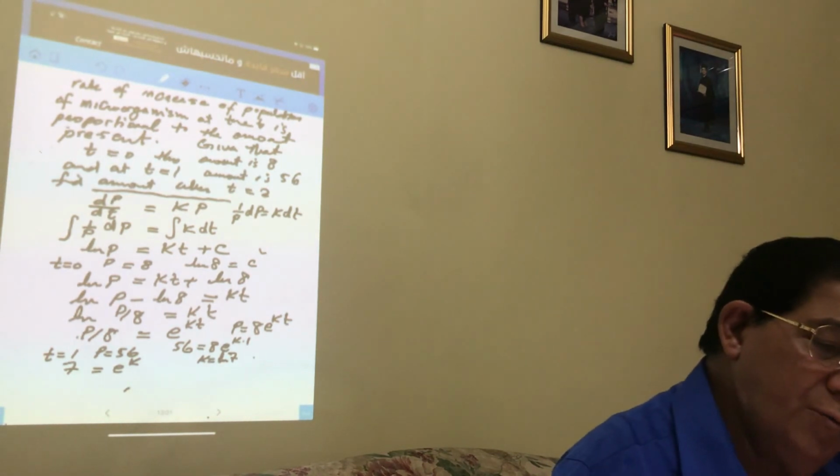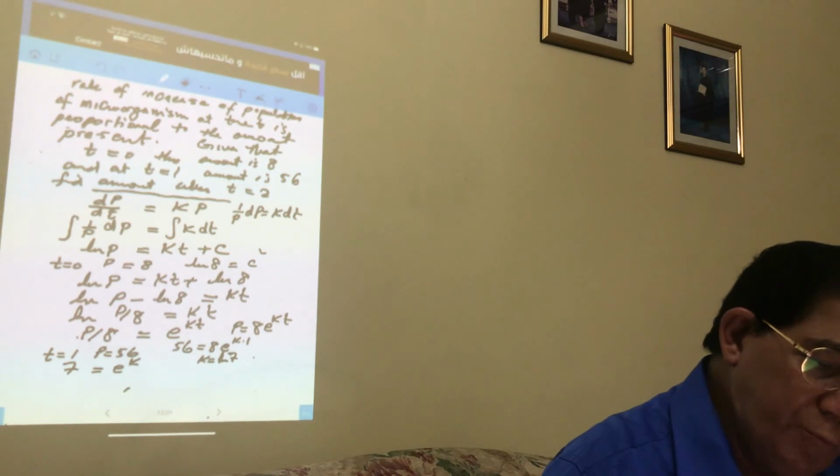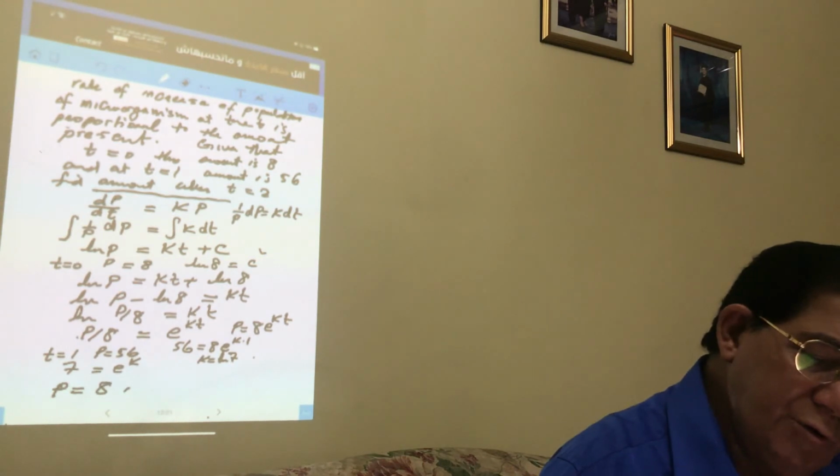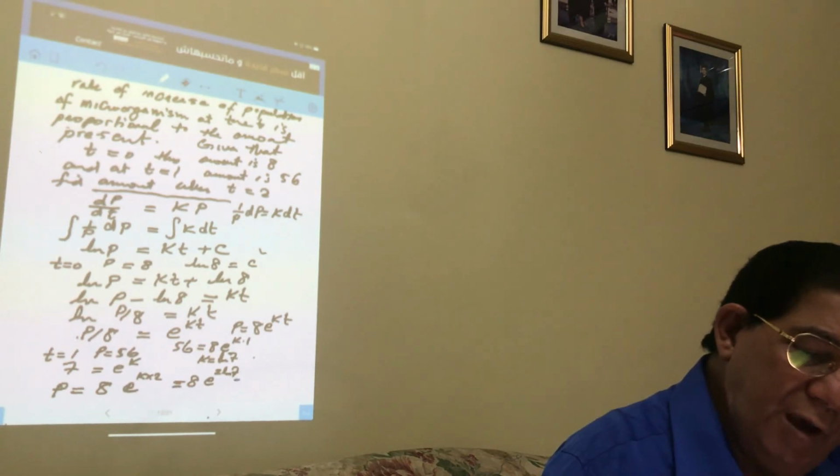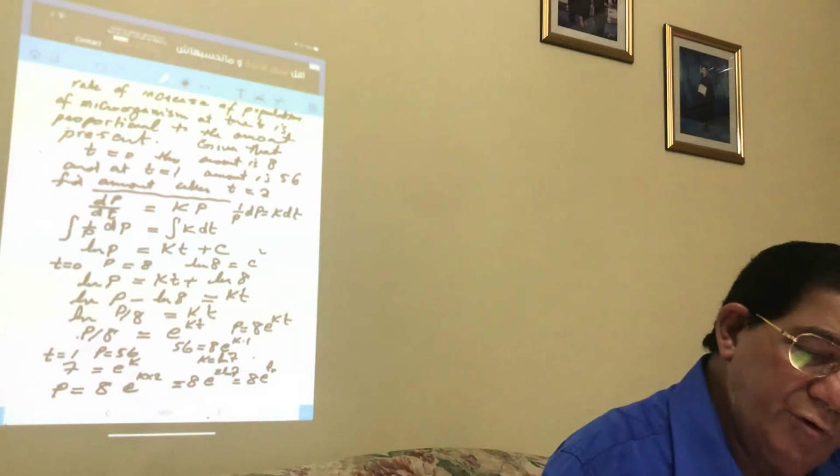He asked what the amount is when t equals 2. P equals 8 e to the power k times 2, means 8 e to the power 2 ln 7, which means 8 e to the power ln 49.